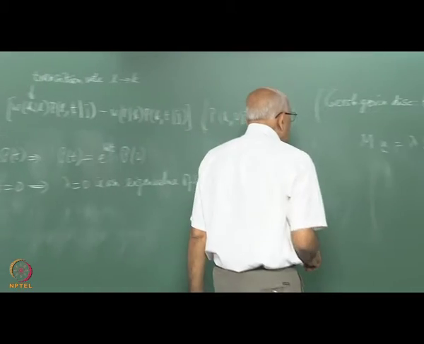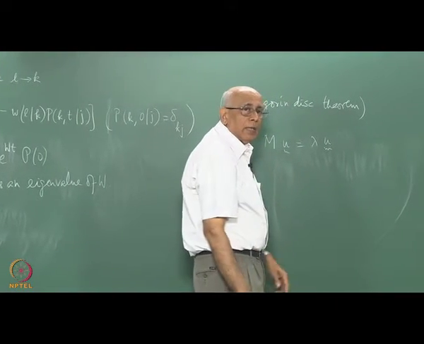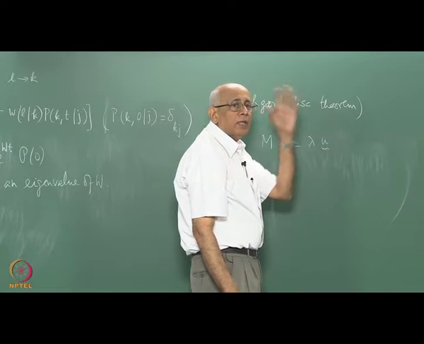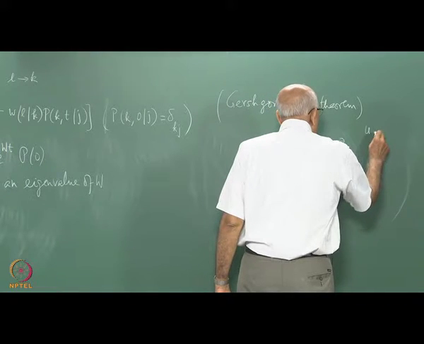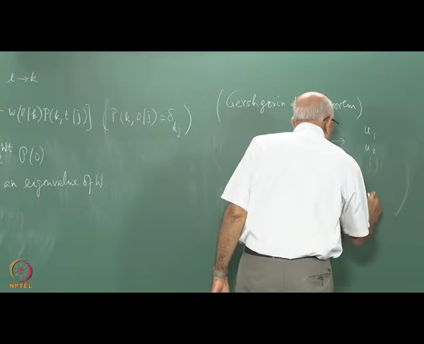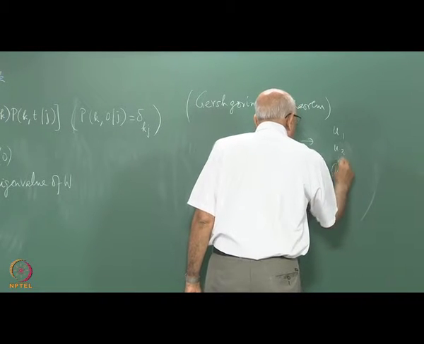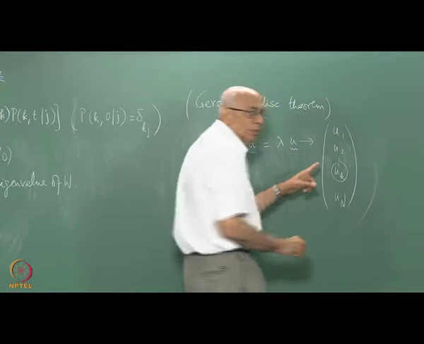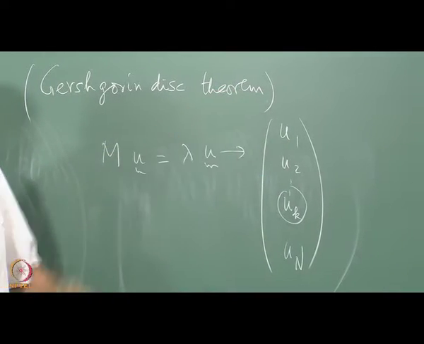Then suppose this u is of the form u1, u2 etc., and let us say the kth element in it is the largest in magnitude. Okay. So this fellow has elements u1, u2 up to un, and let us suppose that some element k has the largest magnitude over all these elements.